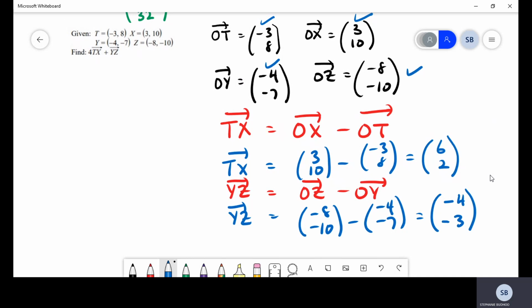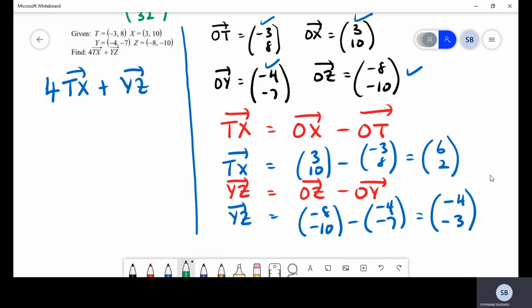Now, we are not finished. They want us to work out 4TX plus YZ. So 4TX will be 4 multiplied by, recall, TX was 6, 2, plus YZ, which worked out to be -4, -3.